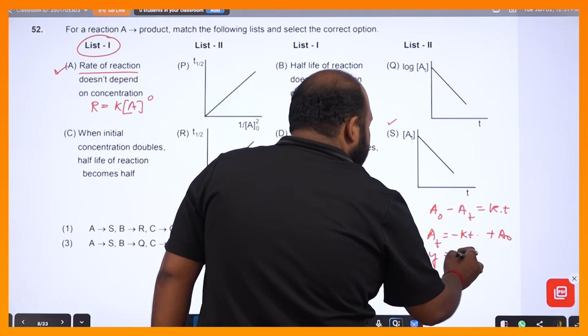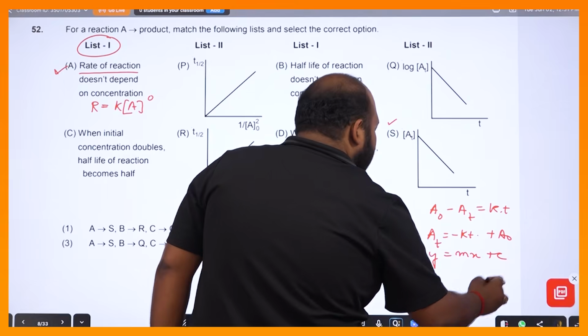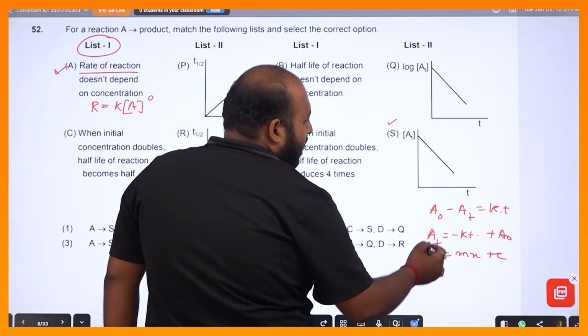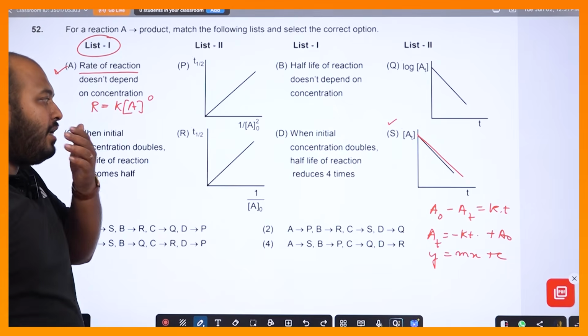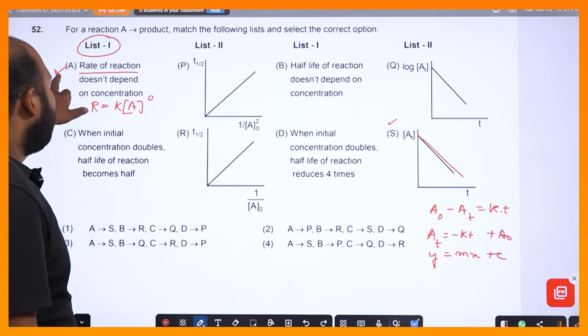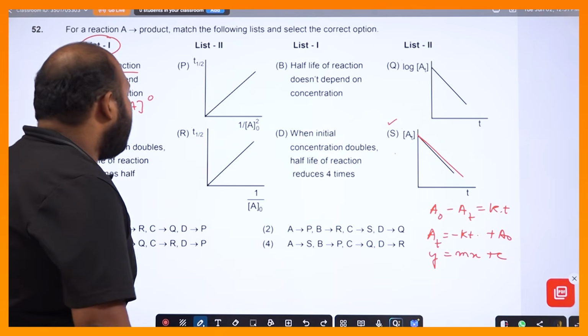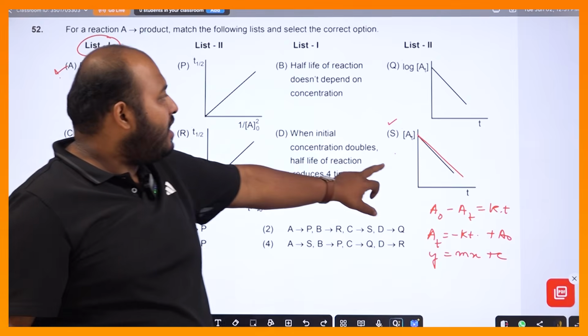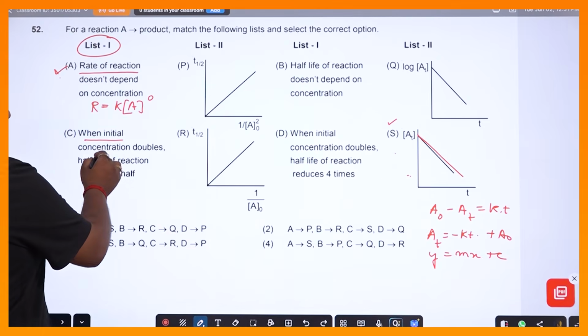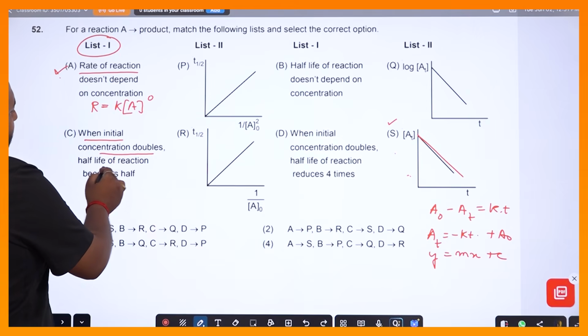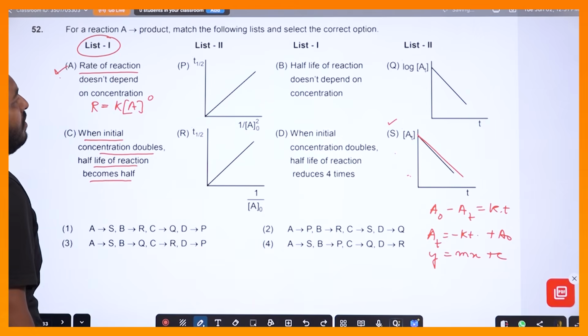So y is equals to mx plus c if we follow the order. So the graph will be following this trend, and it will be a straight line equation. So A is matching with S. A is matching with S.